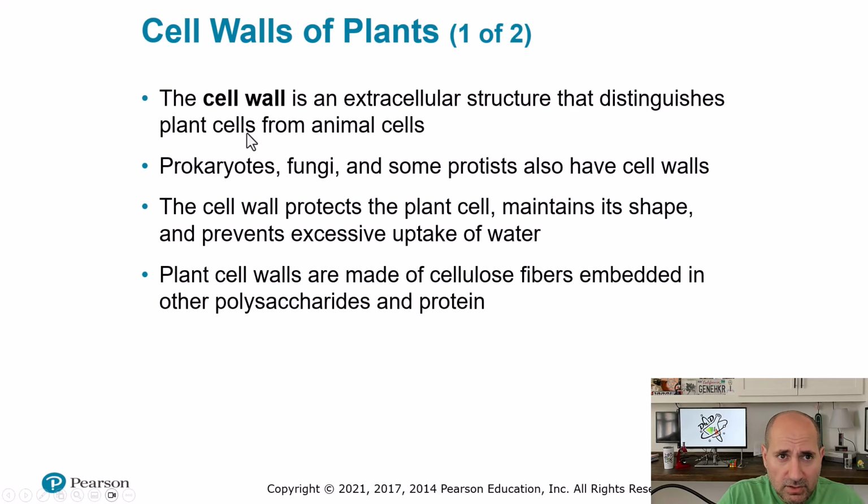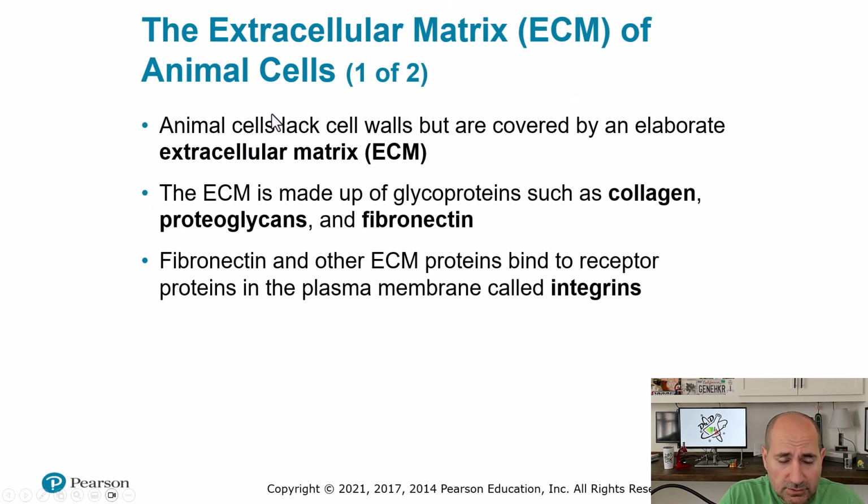You should know about the cell wall of plants. Plants form a cell wall of cellulose. You should know about the ECM, or extracellular matrix, of animal cells, and you should know it's made up of collagen, proteoglycan, and fibronectin on the outside, and these link to integrin anchor proteins.